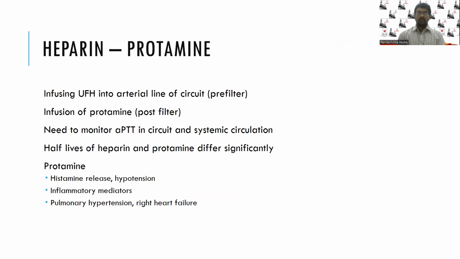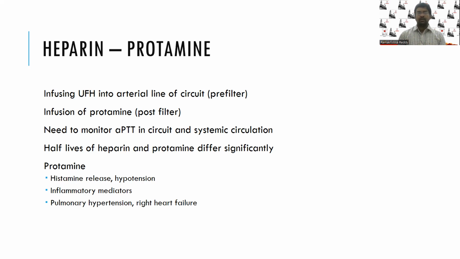And post-filter, you are administering protamine to counteract the heparin, so that the anticoagulant effect is lost in the post-filter phase and is minimal within the patient. By using this heparin-protamine combination, you are trying to achieve anticoagulation only in the circuit.